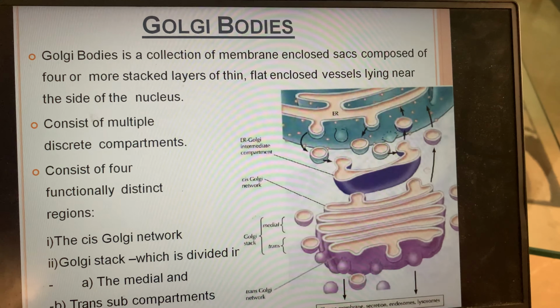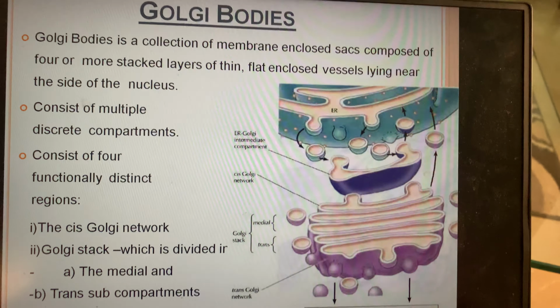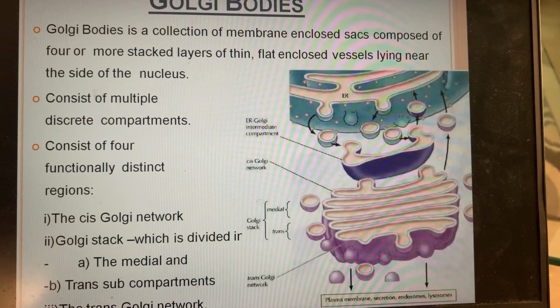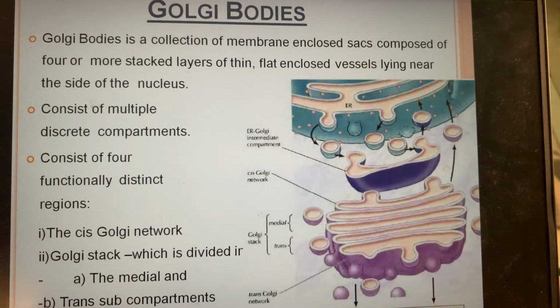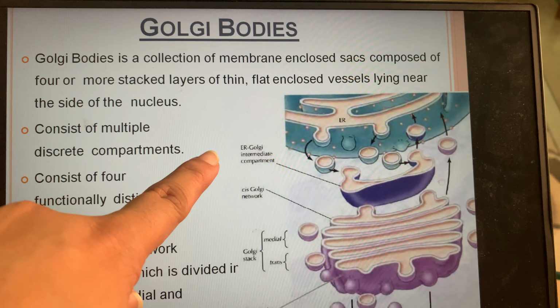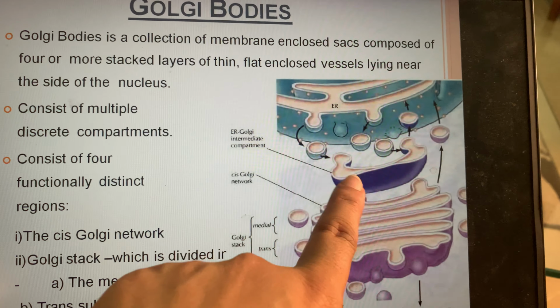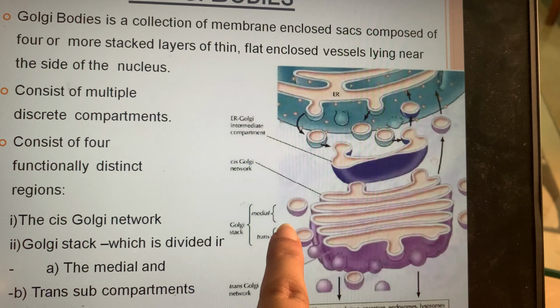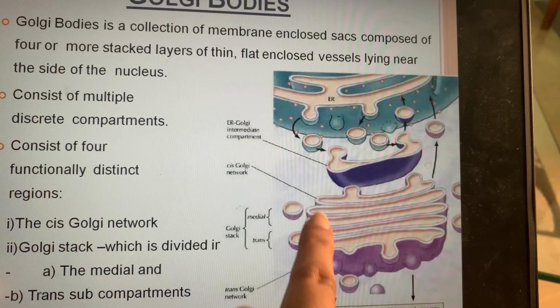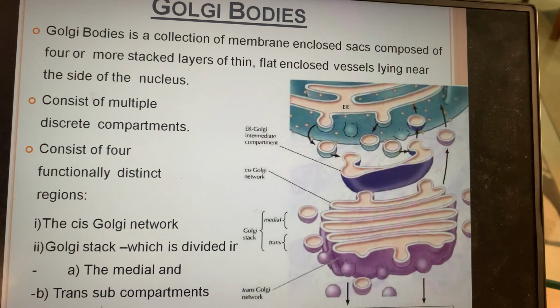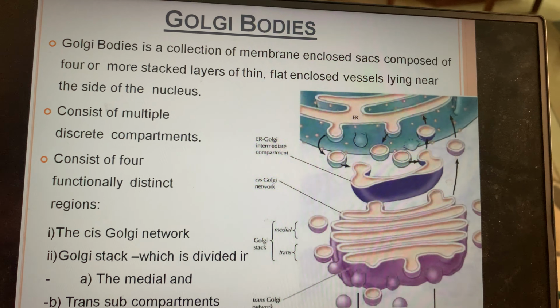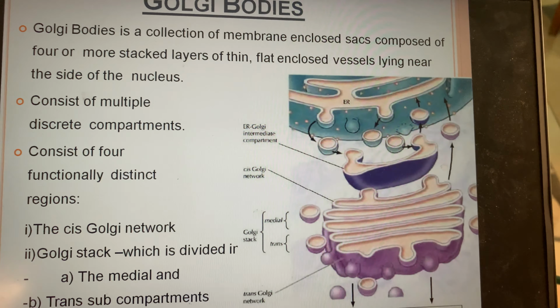Then comes Golgi bodies. Golgi bodies are a collection of membrane-enclosed sacs. These are the Golgi intermediate compartment and Golgi network. These are all called Golgi stacks. These are plasma membrane secretions.